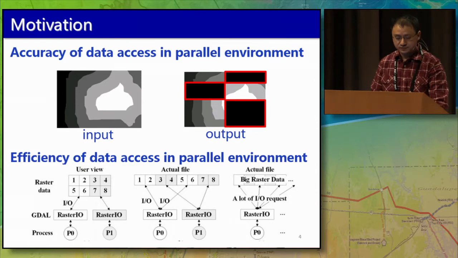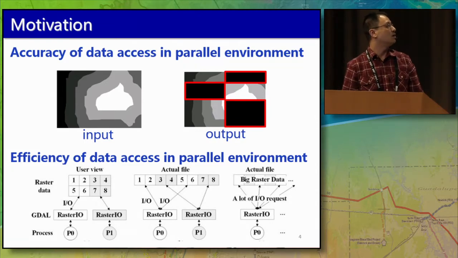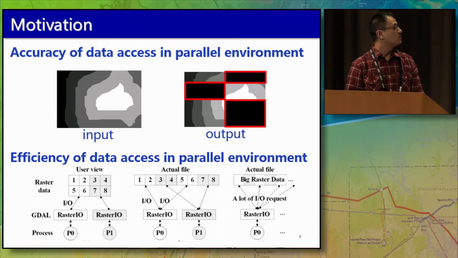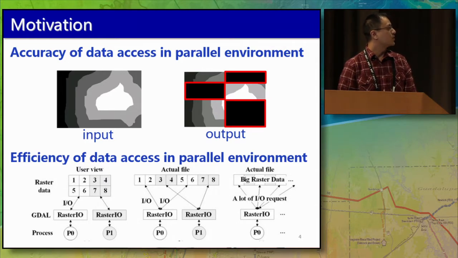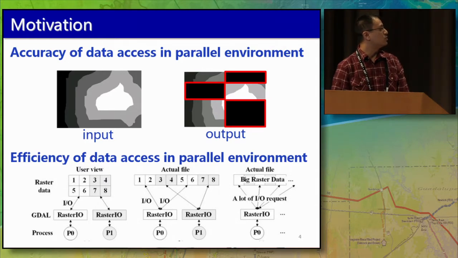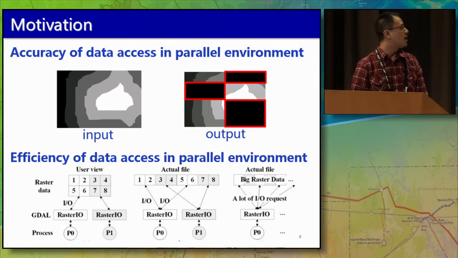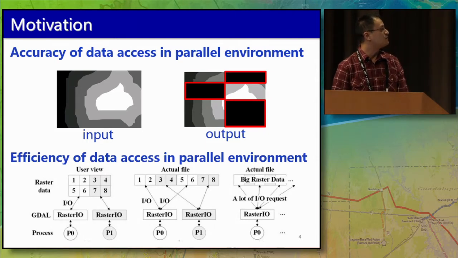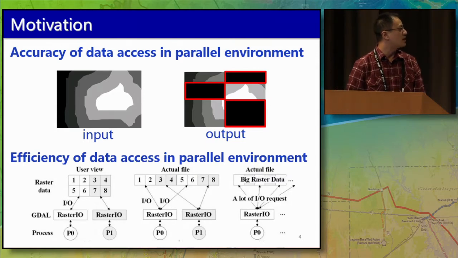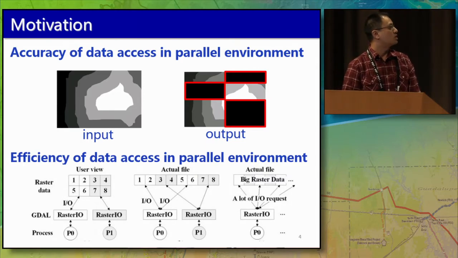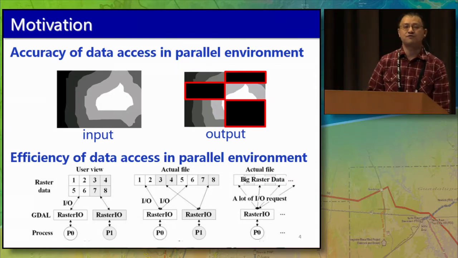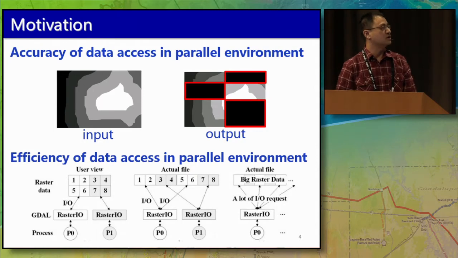And the second problem is efficiency. We can see the lower graph. The left part is the user view. These are the parallel processes, and P0 reads and writes blocks 1, 2, and 5, 6, and process P1 reads and writes blocks 3, 4, and 7, 8. But in the actual file view, the blocks are organized sequentially on the disk.